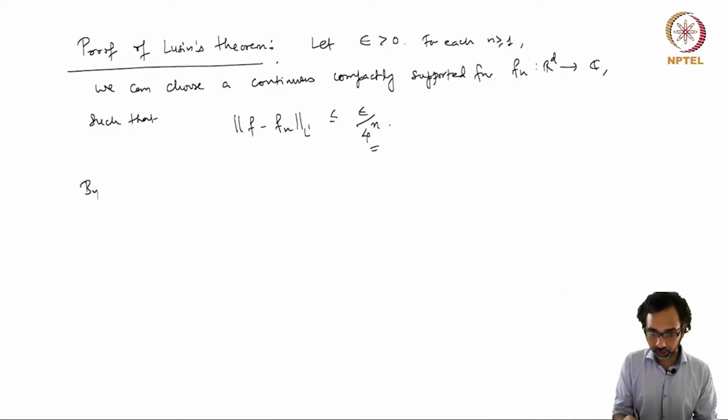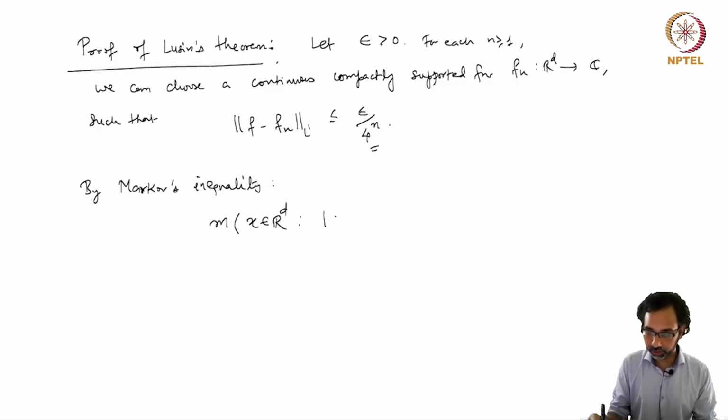And now by Markov's inequality, we have that the measure of points in Rd such that the absolute value of f(x) minus fn(x) is greater than or equal to 1 over 2 to the power n.